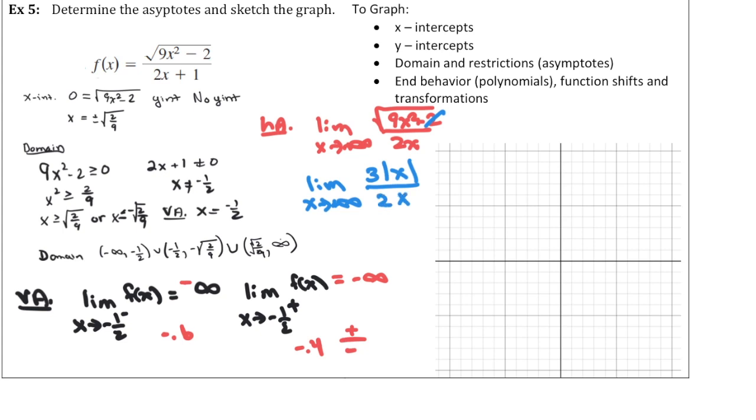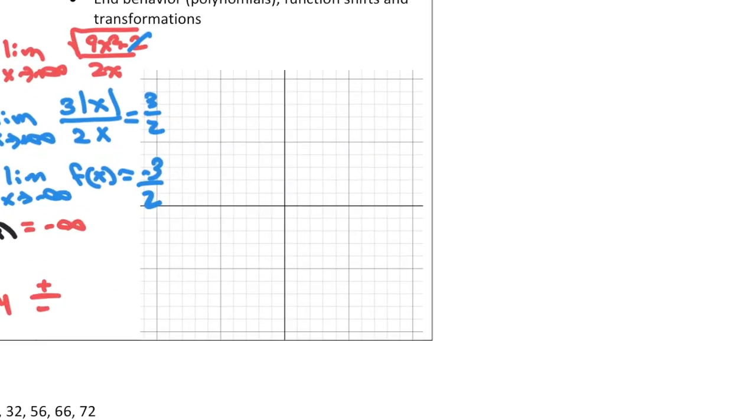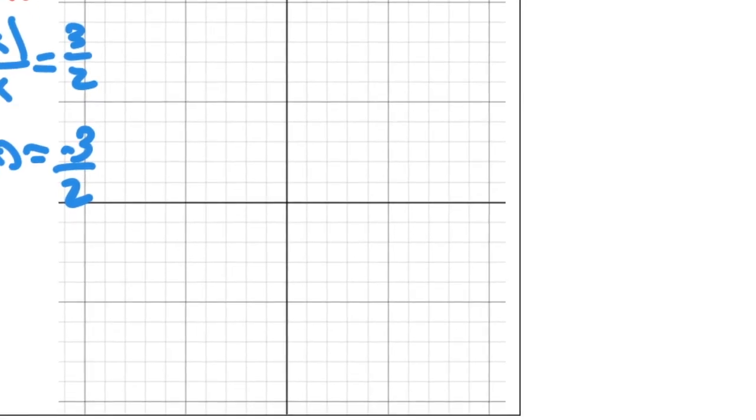So as I'm going to positive infinity, the answer is 3 over 2. But if I take the limit as x goes to negative infinity, the answer is negative 3 over 2 when I think about f of x. So I have two different horizontal asymptotes. So this, my friends, is a very fun function.